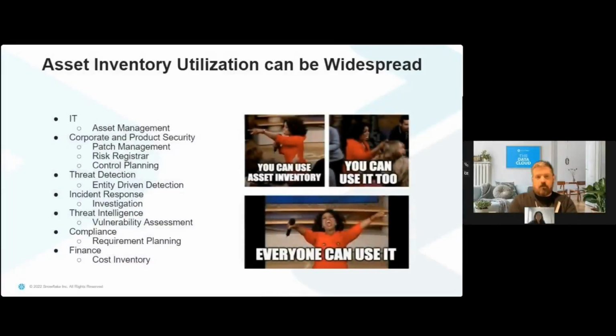So, asset inventory utilization is something that is really fundamental across your organization. In fact, I use it as a baseline for every query I write around endpoints here at Snowflake. The first thing I want to do when I tackle any data-related workflow or data integration is contextualize my data.